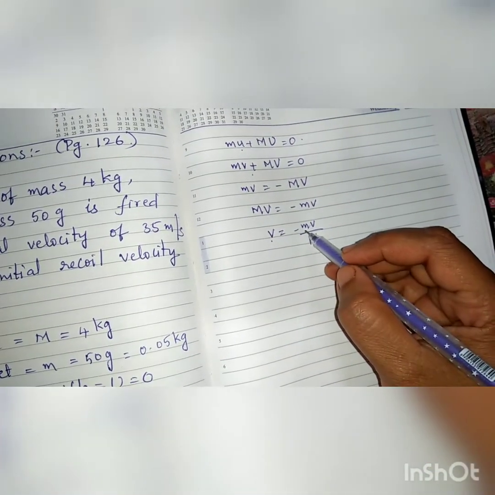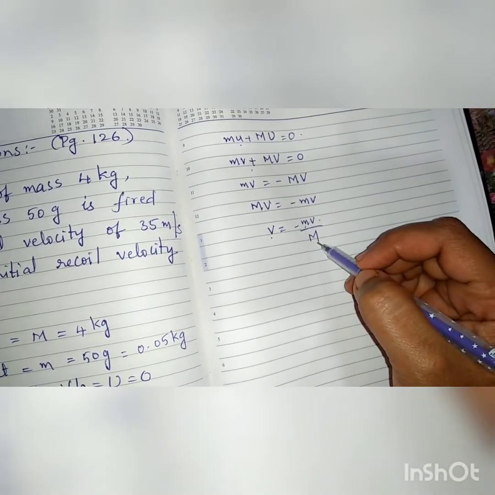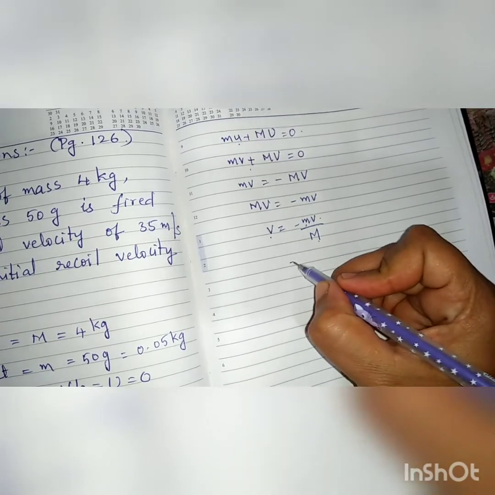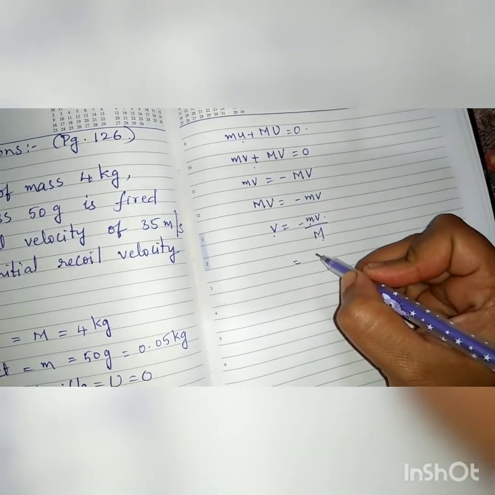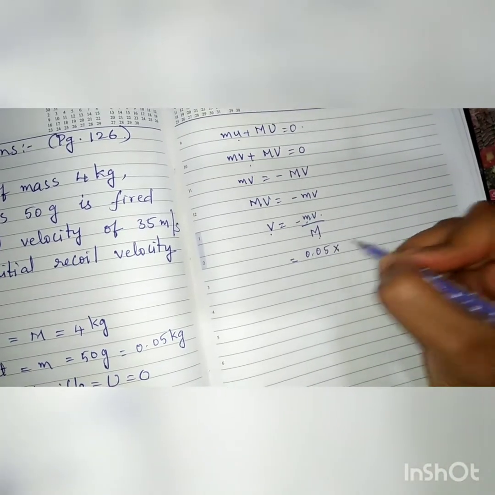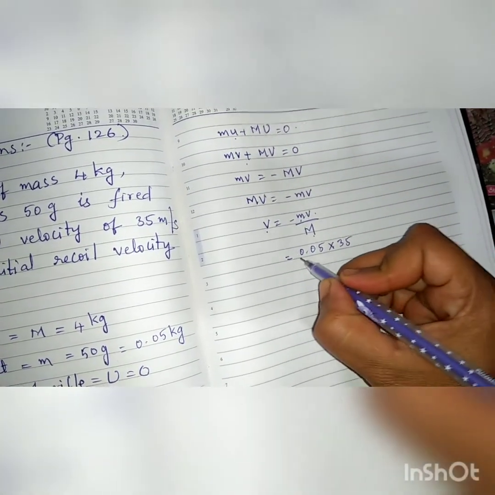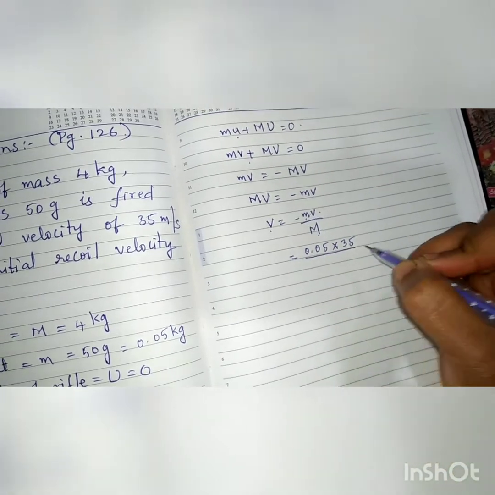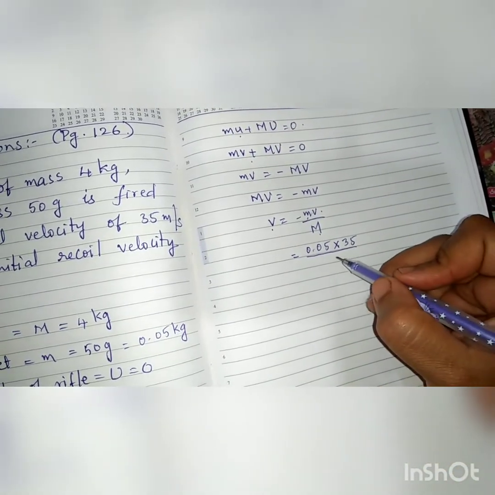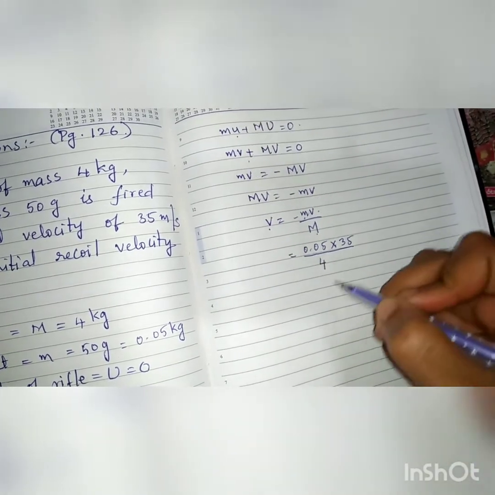Small m is the mass of bullet, small v is the velocity of the bullet, and capital M is the mass of the rifle. Now we'll substitute the values. Small m is 0.05 kg into small v, which is given in the question as 35 meters per second. Already it is in the MKS system, so we are not converting that. Capital M value is given in the question as 4.